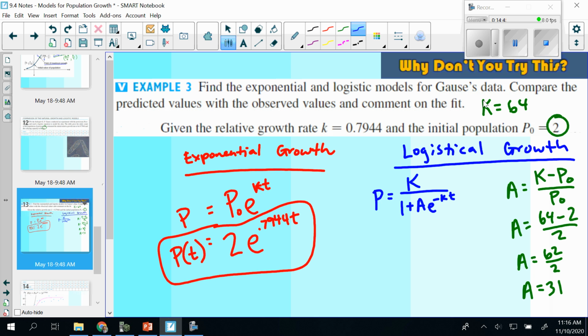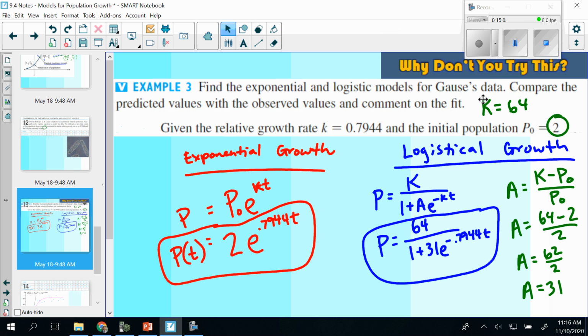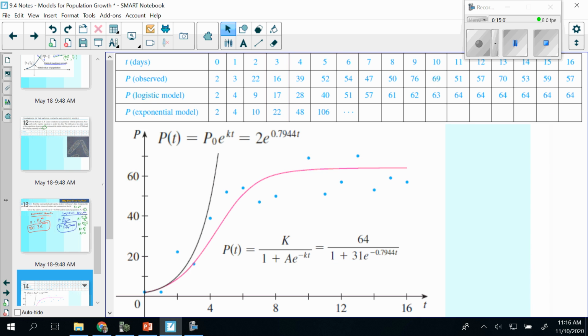So now let's fill in the rest of this population equation. It would be 64 over 1 plus 31 e to the negative, we have our k value, 0.7944 t. So that would be our logistical growth equation. So if you were to graph out these two, along with the data points, this one over here, this black one, is showing our exponential growth if we were just allowed to grow forever.